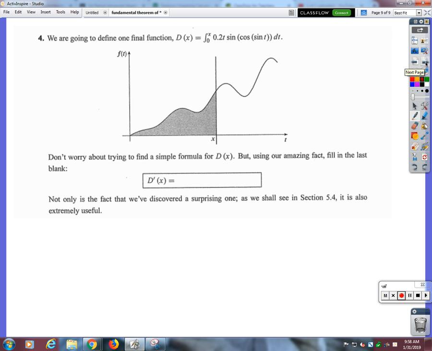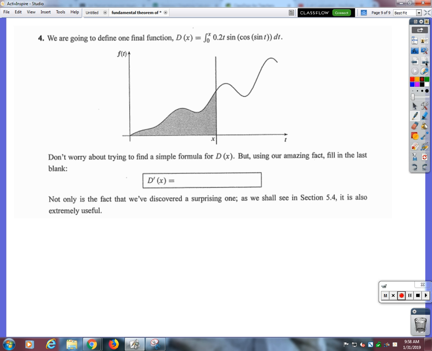Okay, so let's pretend we have this function right here. We're going to define one final function, d of x, the integral from 0 to x of 0.2 t sine of the cosine of the sine of t. Don't worry about trying to find a simple formula for this.